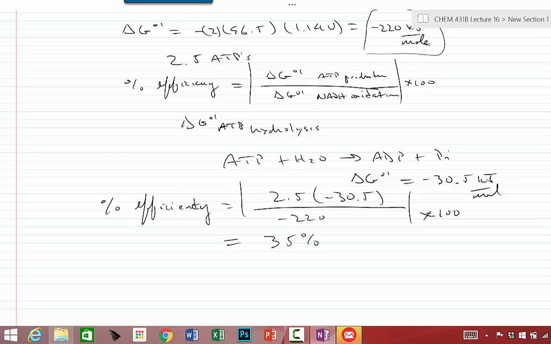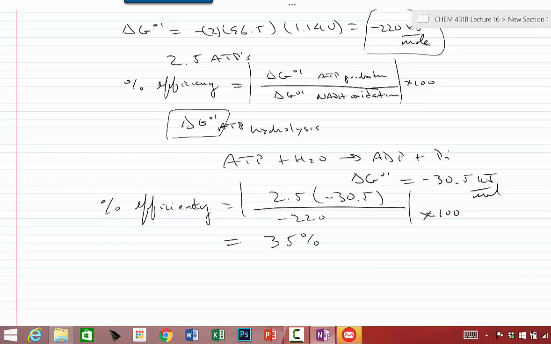The book makes a big deal about how the efficiency might actually be more, because remember, these are free energy changes under standard conditions. And as we mentioned before, what we really care about is the free energy change under physiological conditions, which takes into consideration the amount of products and reactants we have.